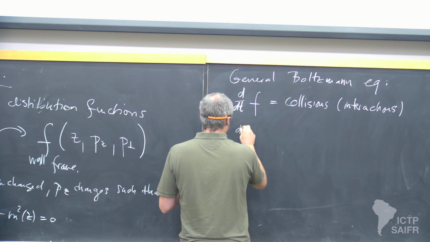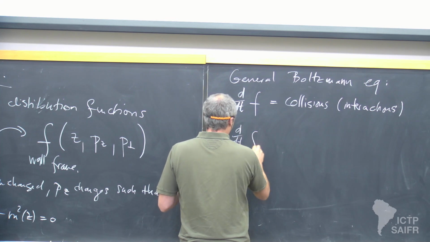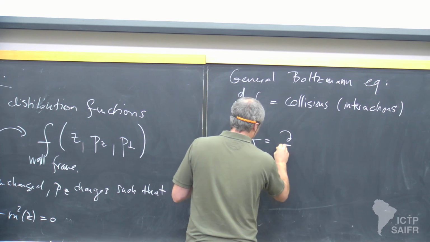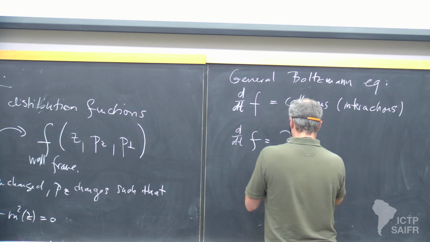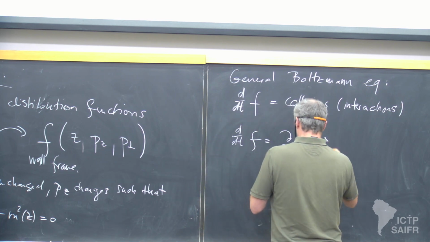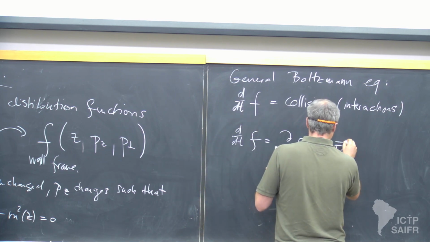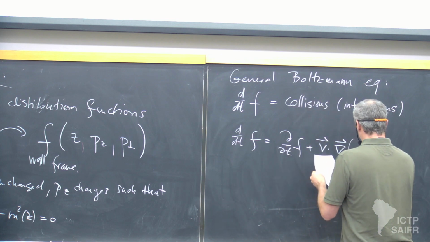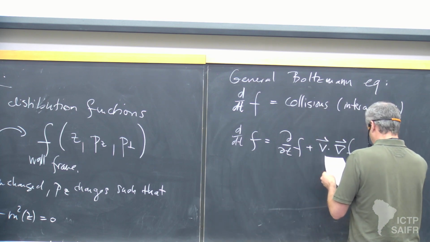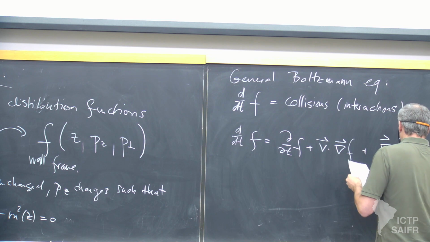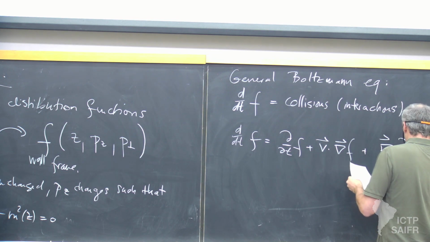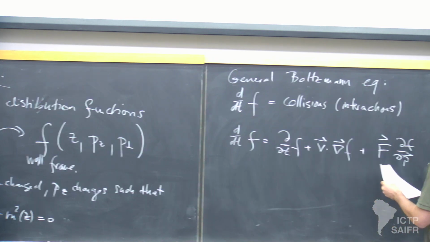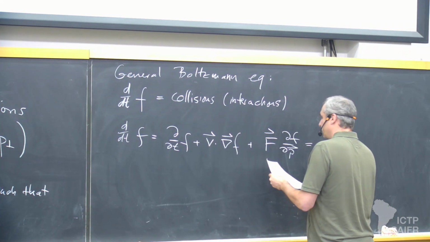So this means that df/dt is the time derivative of f plus the velocity times the nabla of f, plus some forces times the derivative with respect to the momenta. And this is again the collision terms.